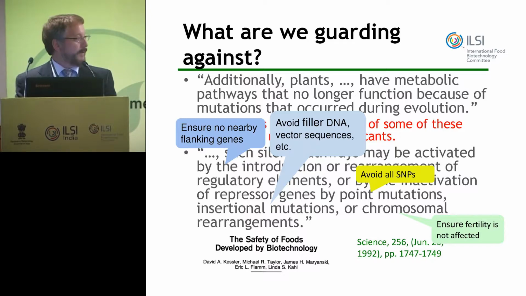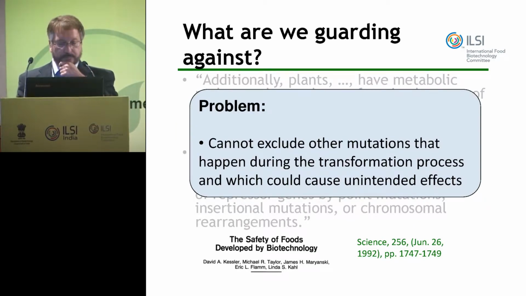As long as fertility is not affected, there's no chromosomal rearrangements. And if we ensure there's no flanking genes nearby, then we are not going to be affecting expression of nearby genes. The problem is that we cannot exclude other mutations that happen elsewhere in the genome during the transformation process and which cause unintended effects.